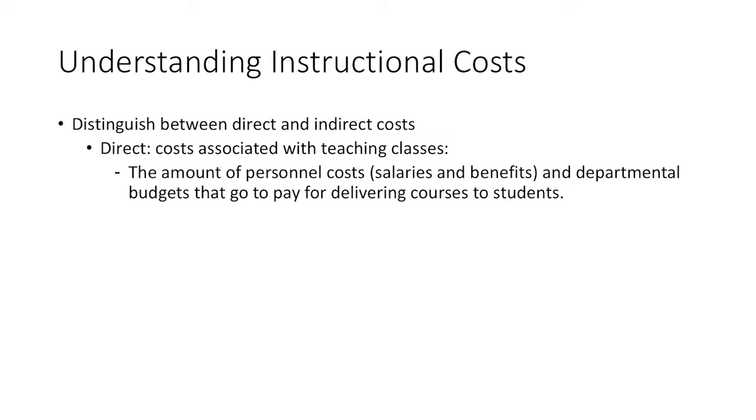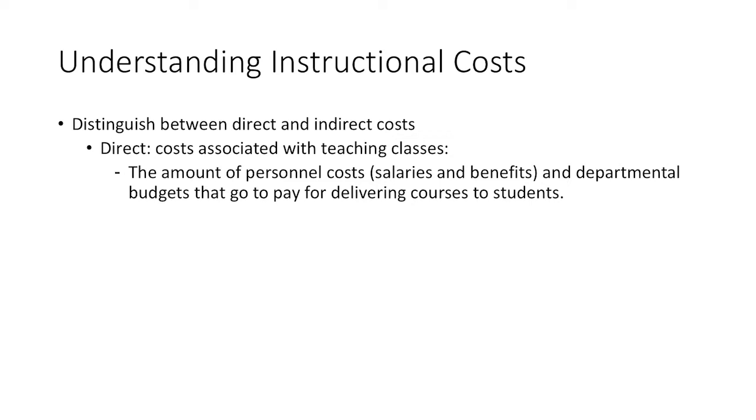When we think about personnel costs, we've got to think not just about the salary that person is making, but also what it costs the university to pay for benefits for that faculty member. So the direct cost of instruction involves personnel costs. Personnel costs are divided into salary costs and benefit costs.